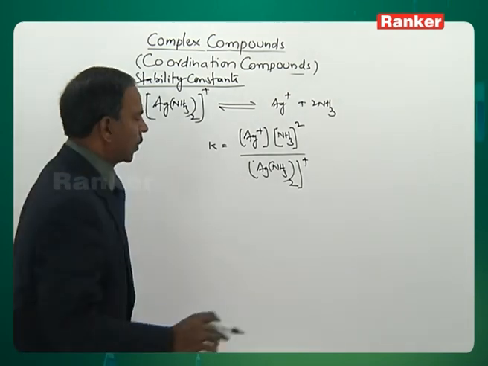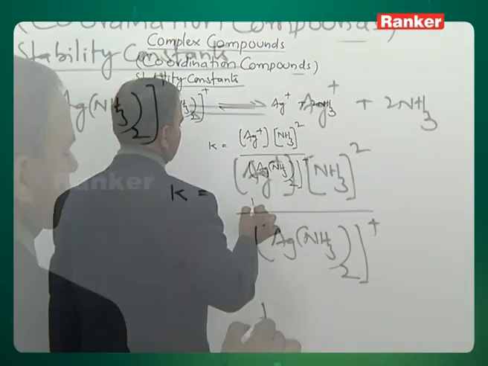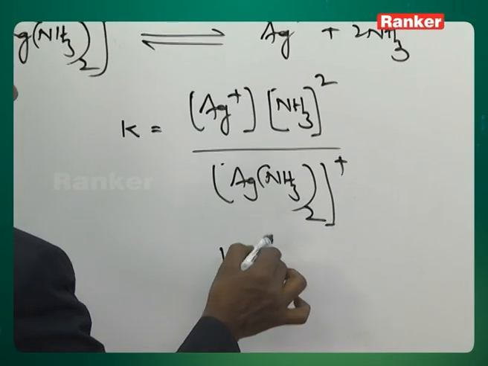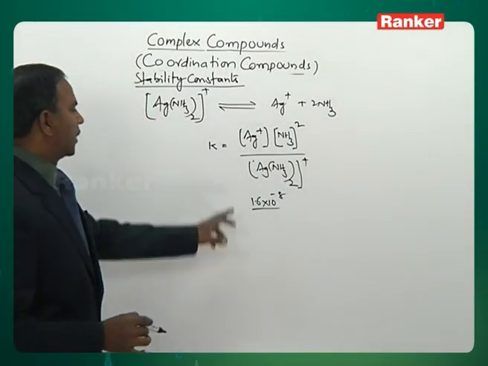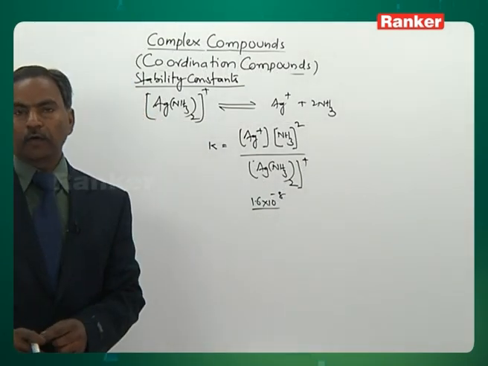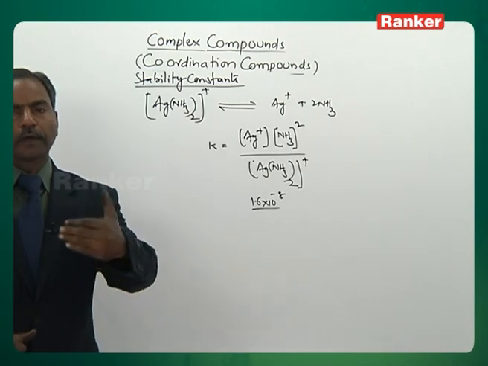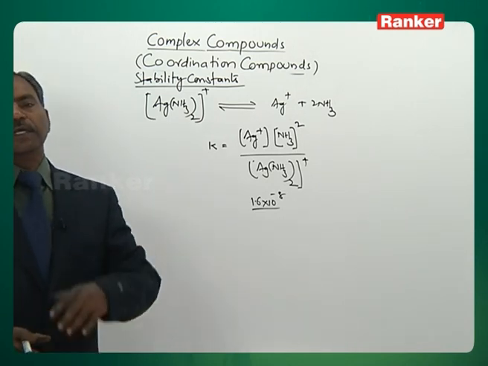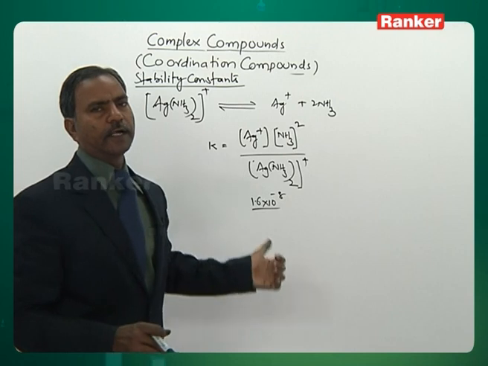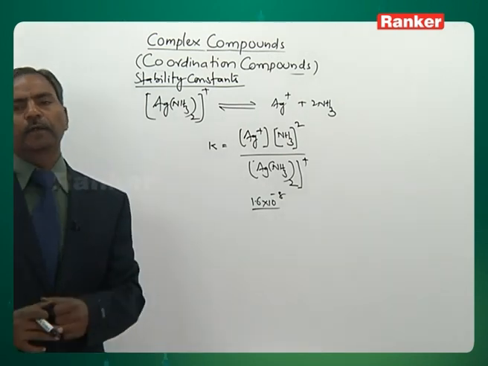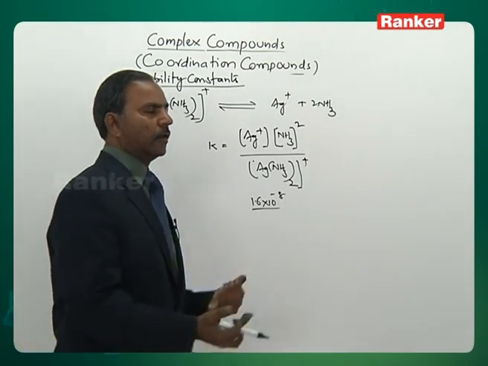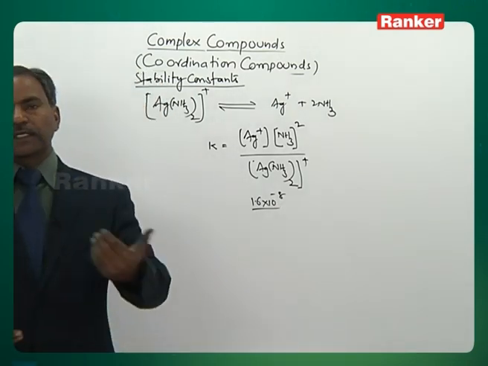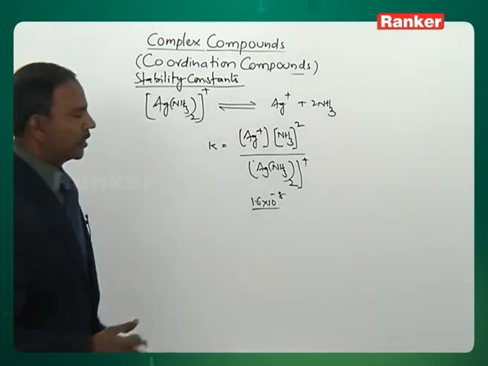This K value is found experimentally to be 1.6 times 10 to the power of minus 8, a very small value. Equilibrium constant it may be, but for our discussion sake, let us consider this K as the dissociation constant.